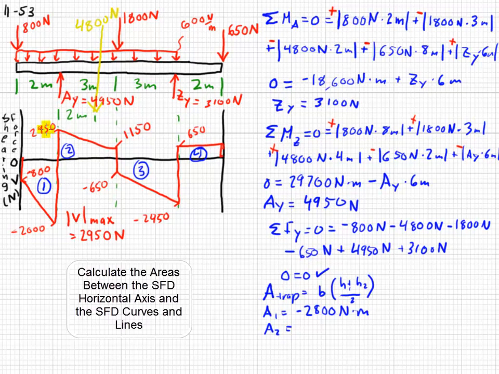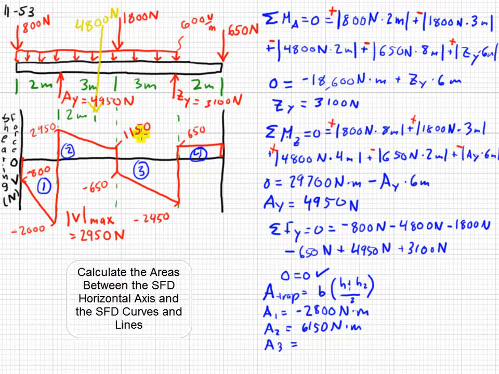Area 2, 2950, remember that's positive, plus 1150 is 4,100 newtons divided by 2 is 2,050 newtons times 3. So that's a total of 6,150 Newton meters. The third area is 650 plus 2,450. Of course, these are negative, so that's 3,100.